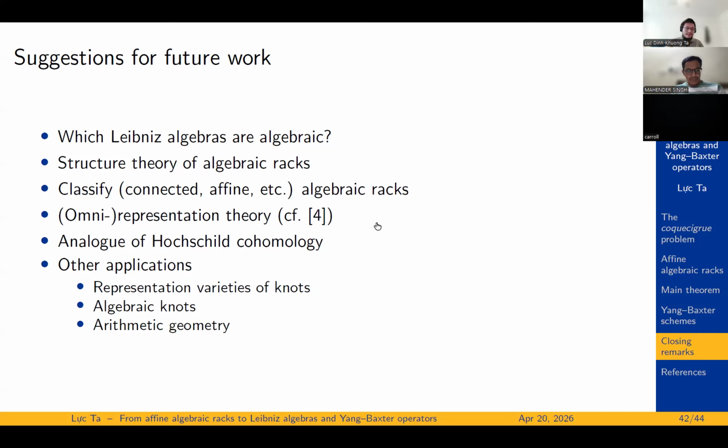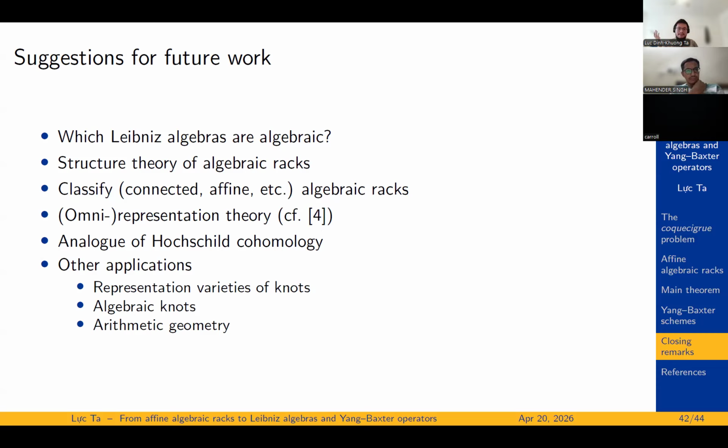You can also ask, so I've linked this paper here that talks about so-called omni-representations of Leibniz algebras. These are just Leibniz algebra homomorphisms from Q to OLN. And we know from earlier that if you have an affine algebraic rack with tangent space Q, then a homomorphism from that to big OLN, the derivative of that will become an omni-representation.